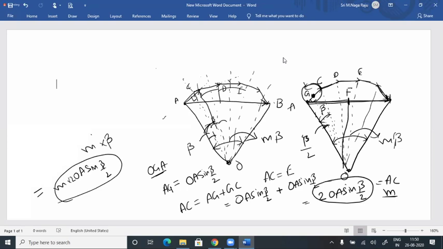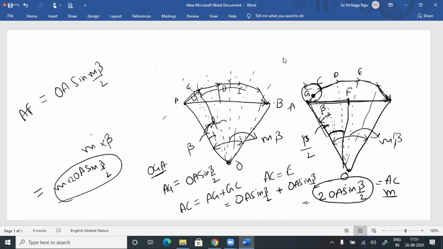From this, we get AF equal to OA into sine of this angle, M beta by 2. That is AF equals OA sine M beta by 2.